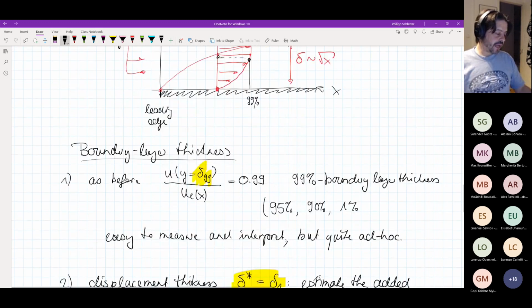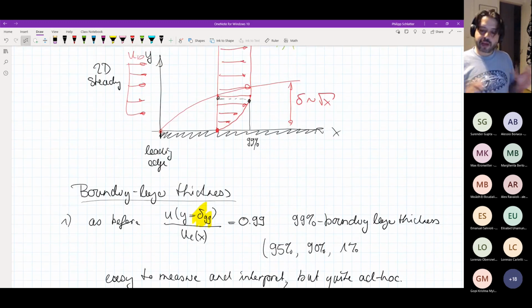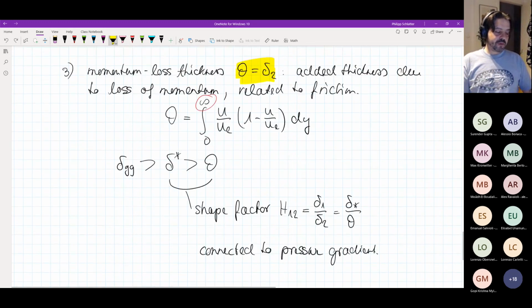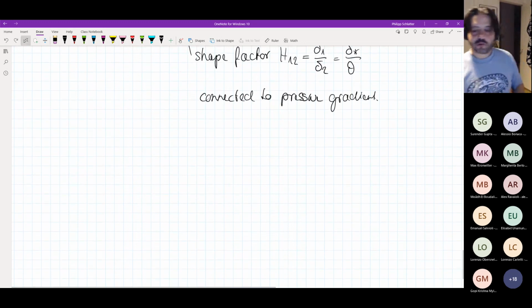Okay, so now we have defined all our boundary layer thicknesses, so we know how to measure boundary layer thicknesses. Now our next job would be to find a way of being able to calculate this profile in a good way. And I guess that's perhaps the most interesting part for the rest of today.